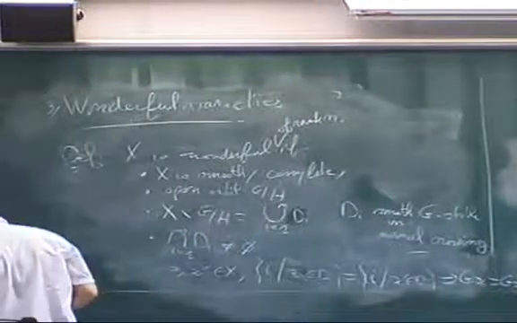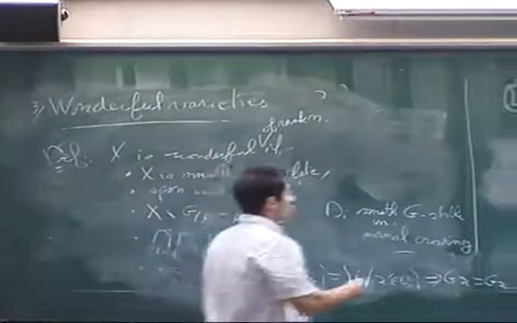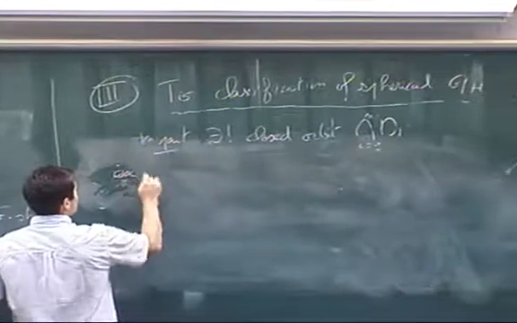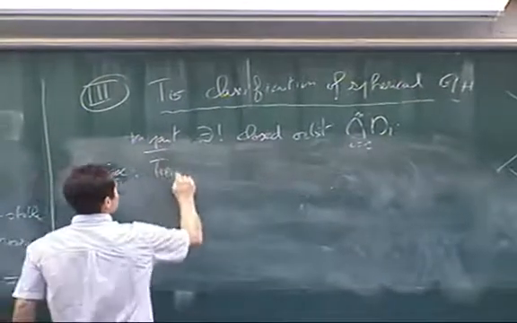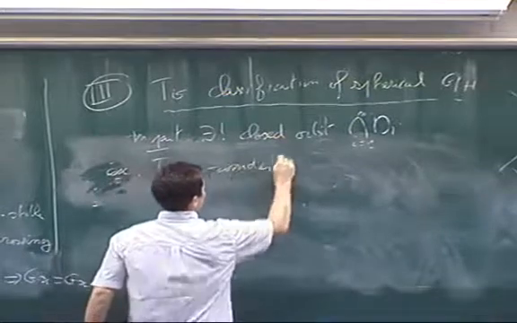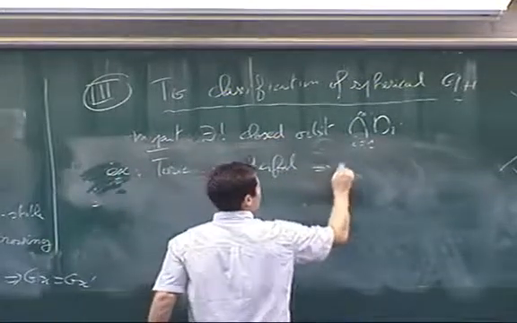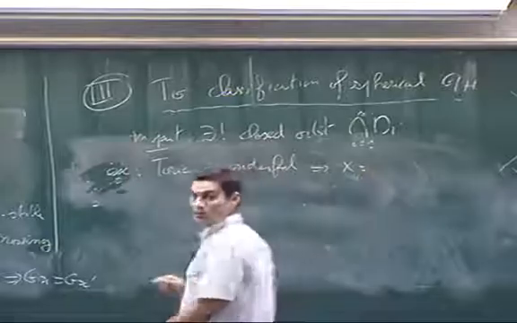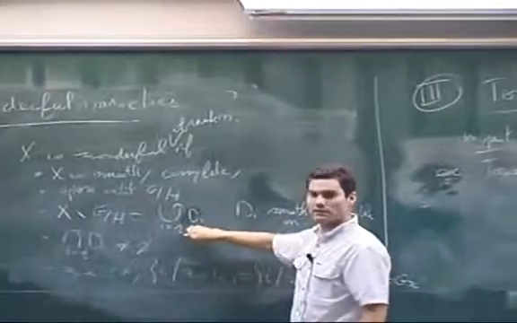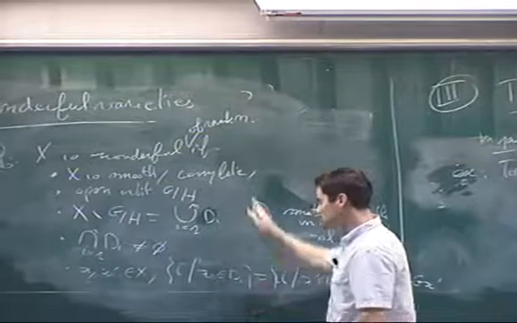Okay, so maybe I can give an example. If you look at toric and wonderful, you will have only a point. N is the rank, and there are n divisors.